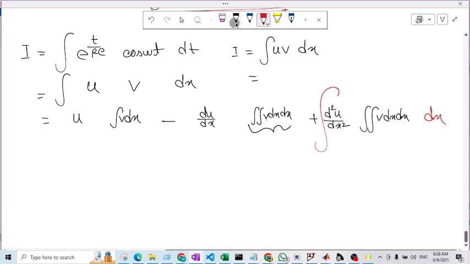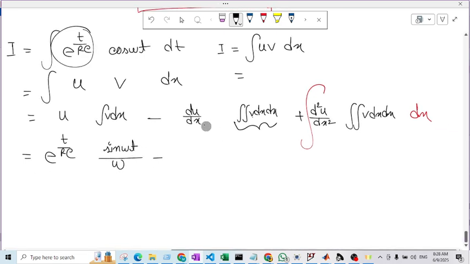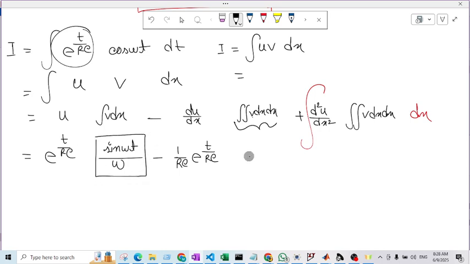Okay, now using this formula, let's put our equations. u is e to the power t by RC, and the integration of cos omega t becomes sin omega t by omega. Now the differentiation of e to the power t by RC will equal 1 by RC e to the power t by RC, and if I again integrate this, I will get another omega.